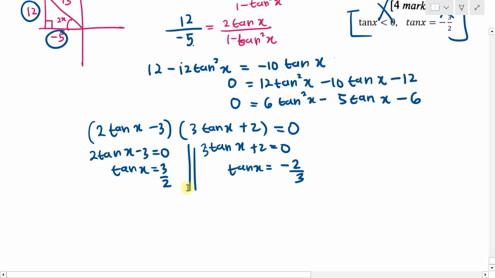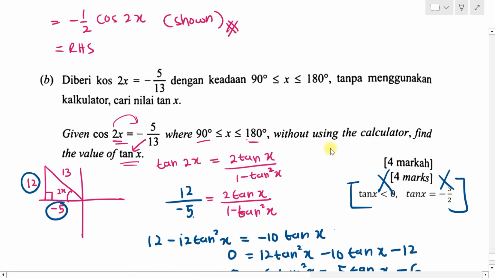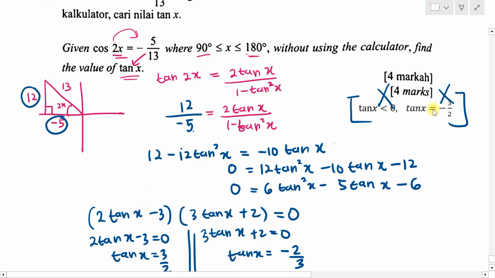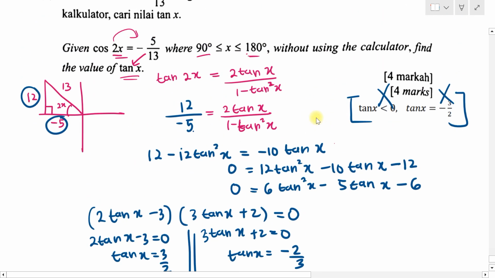Yeah, these are the possible values for tangent. Not sure why the answer is like that. Okay, maybe I will recheck later. If you can have answer like this, please let me know or WhatsApp me.